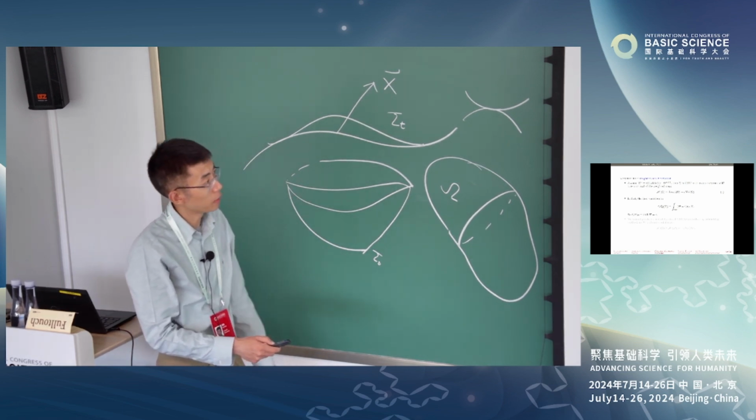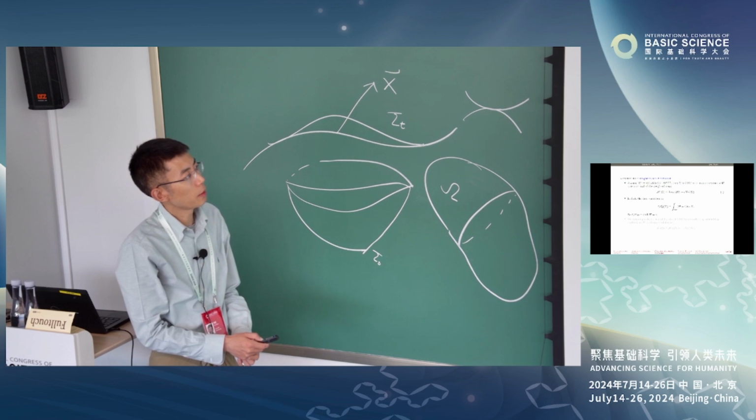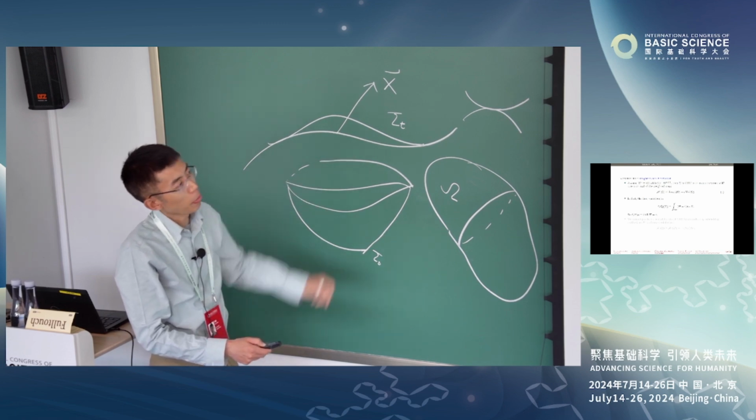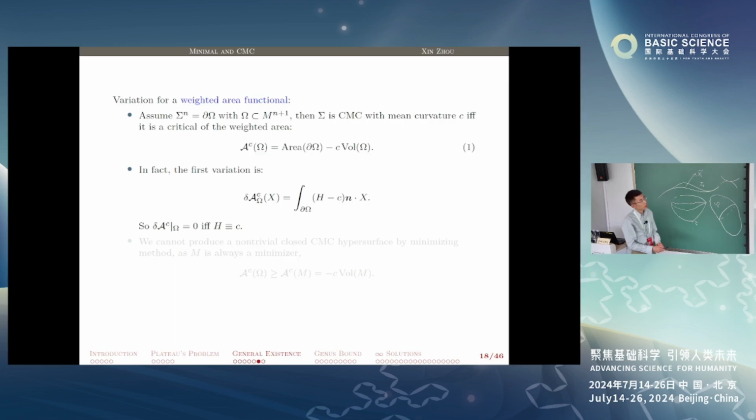Well, if we take the first variation, as I did before, the area functional always gives the mean curvature, and the volume part gives nothing but the normal speed along the surface. So grouping them together, the first variation of this new functional is the integral of H minus c times the normal speed of an arbitrary vector field X. As I mentioned before, if you only consider volume preserving variations, the second integral is 0, so you leave H to be any constant.